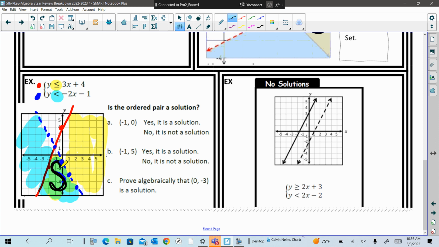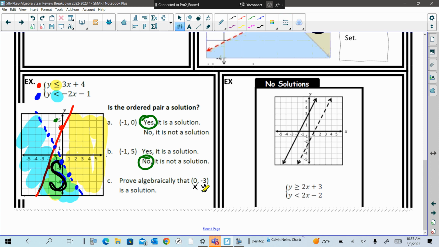All right, so what they want us to do is check the point. Is -1, 0 a solution? Yes. -1, +5, would that be a solution? No, because it's not in the overlapping. All right, now we can prove algebraically. To prove algebraically, we have to check both equations. Remember, this is going to represent your x and your y.